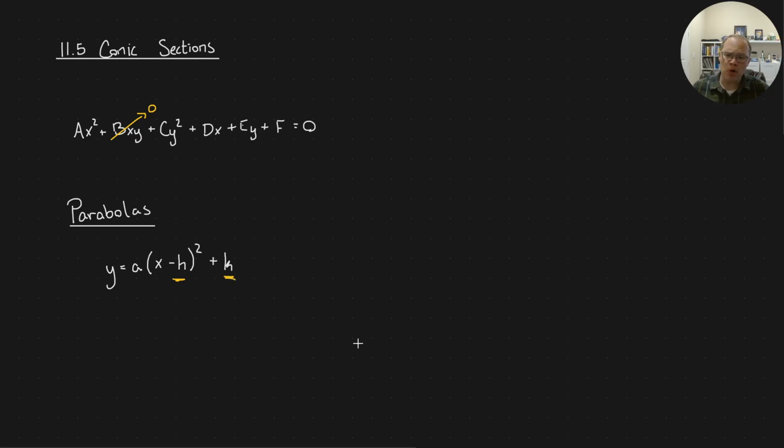Now, if you remember your graphing transformations, what these are going to do is shift the graph of the parabola h units to the right and k units up. And if you're looking at the vertex, which was at the origin, that means the vertex moves from the origin h units to the right and k units up. So the new vertex is (h, k).